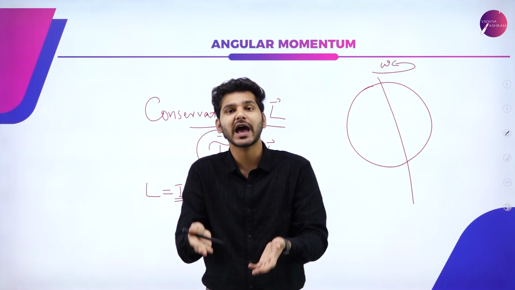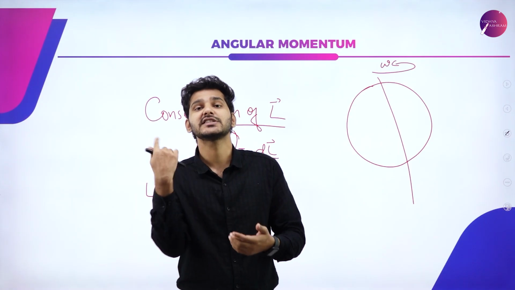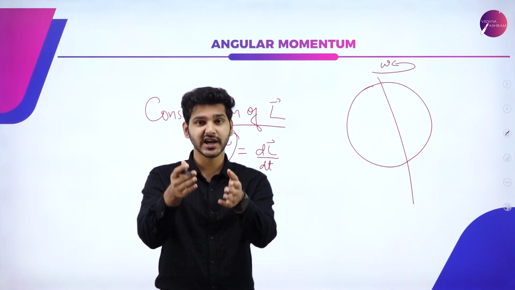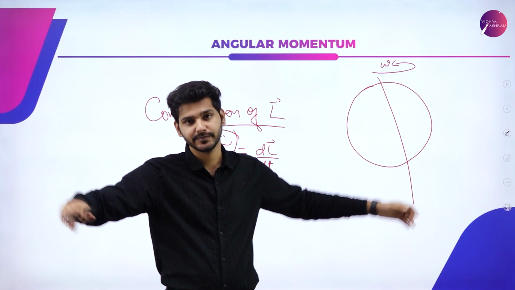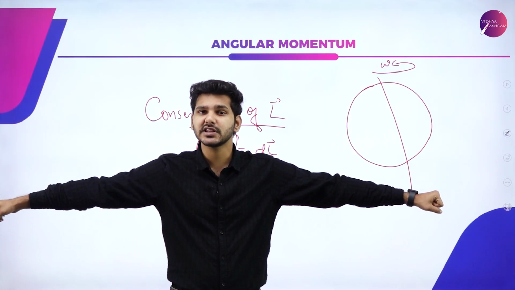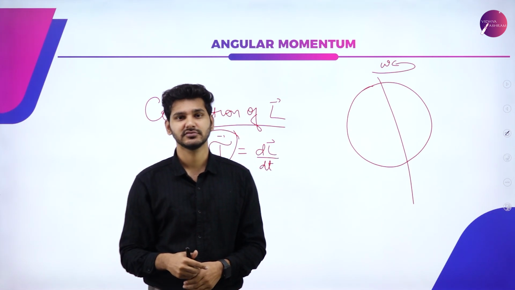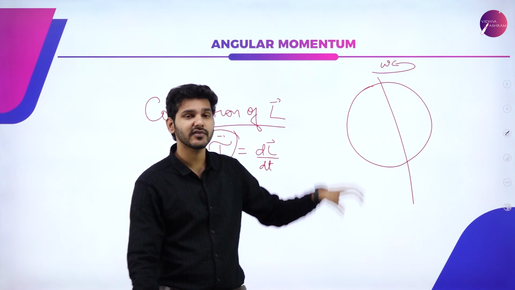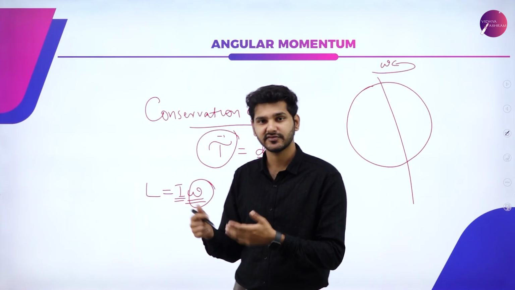And it just so happens that when they fold their hands, they seem to spin faster. You can try this by sitting on a swing, spreading out your hands and trying to spin. While the spin is going on, fold your arms and you can see that you will spin faster. The reason is angular velocity increasing, or simply angular momentum being conserved.